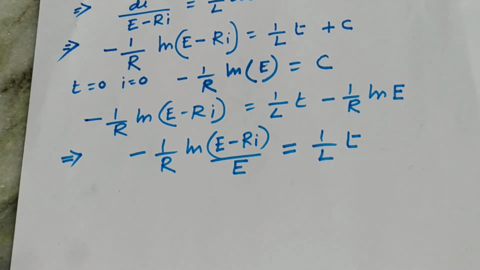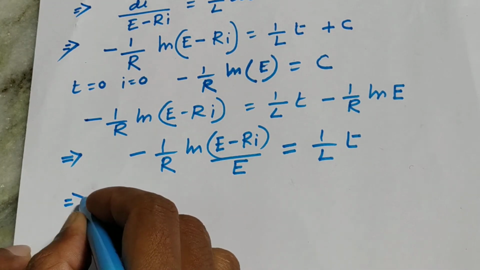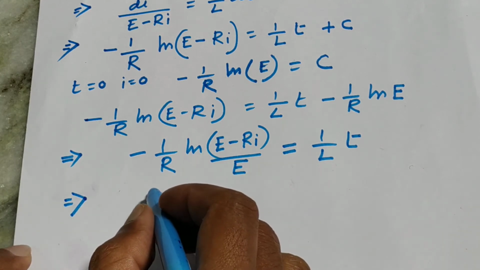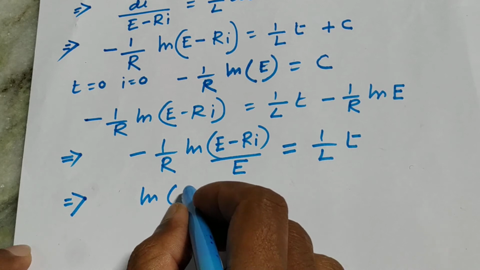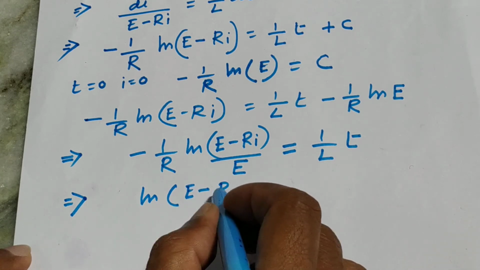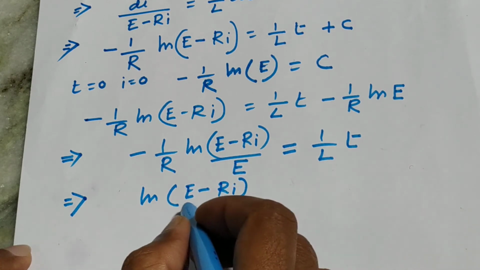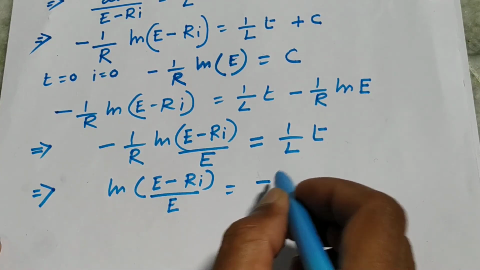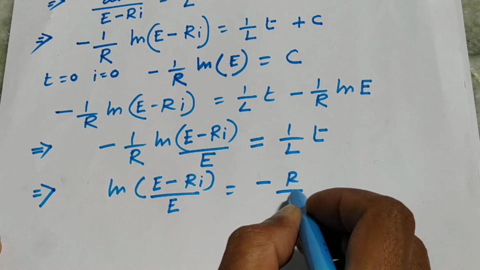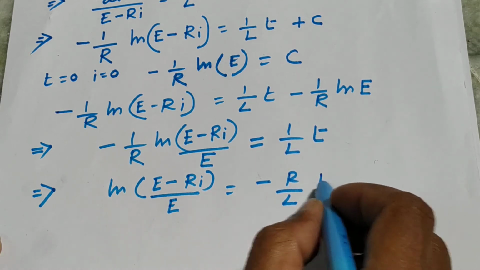Or ln (E minus R I) by E equal to minus R by L t.